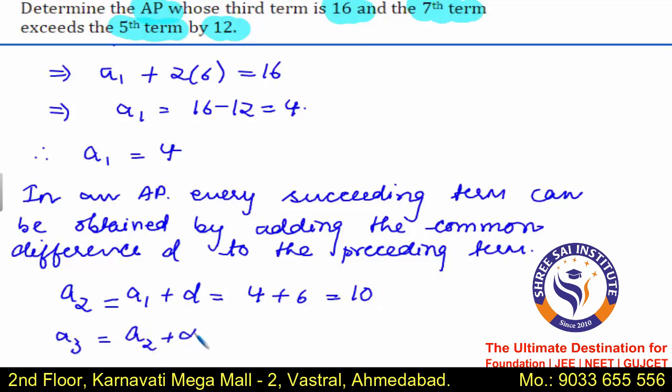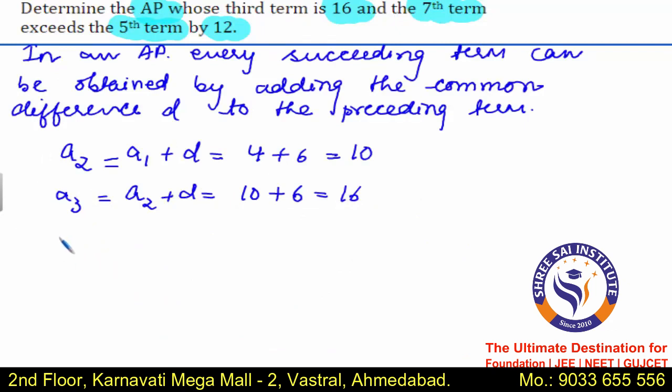the common difference D to the second term, that is 10 plus 6, which is equal to 16. And the fourth term can be obtained by adding the common difference D to the third term, that is 16 plus 6. This gives 22, and so on.